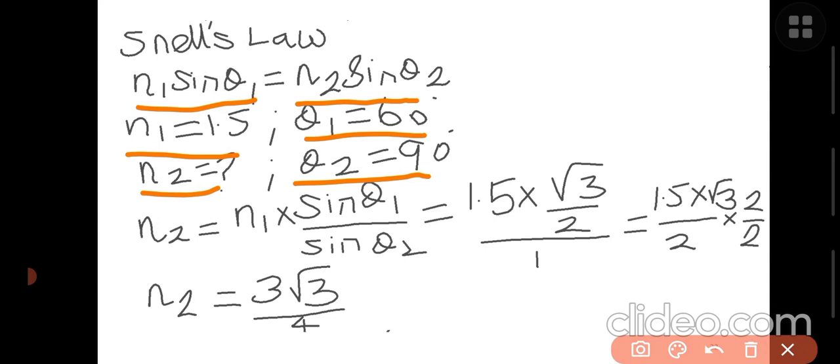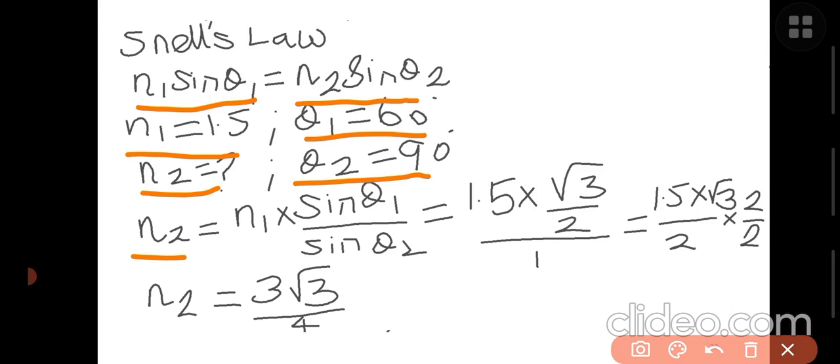From this formula, n2 is equal to n1 sine theta 1 divided by sine theta 2, which gives 1.5 times root 3 by 2 divided by 1, where sine 90 is equal to 1 and sine 60 has the value square root of 3 by 2.